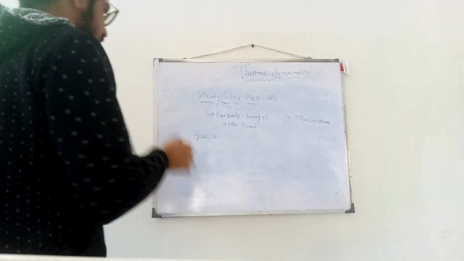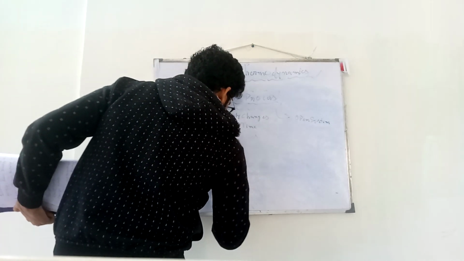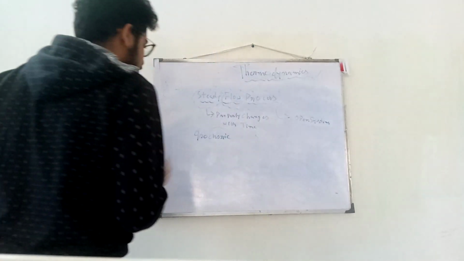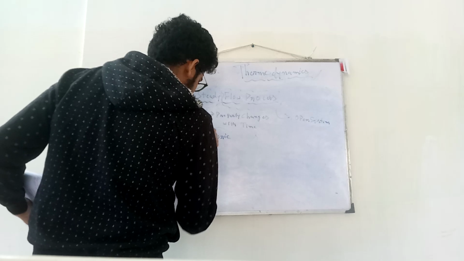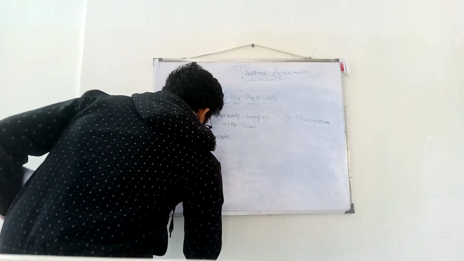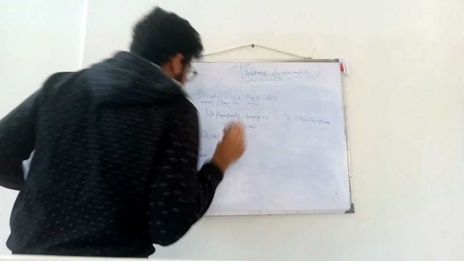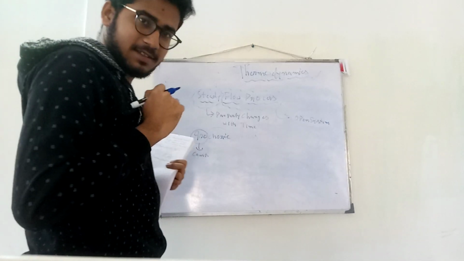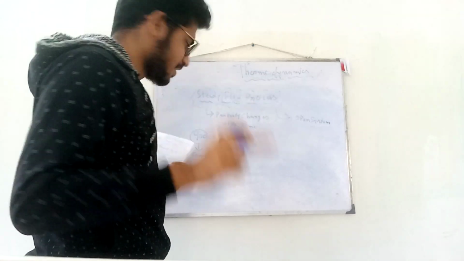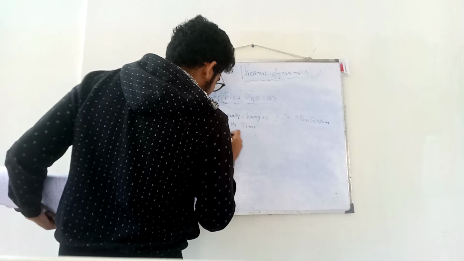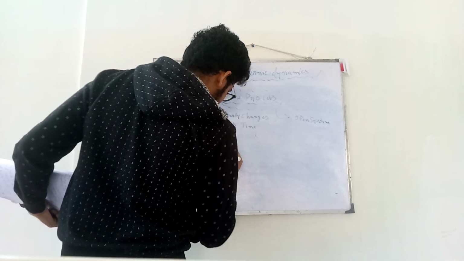Okay, so let's go to isochoric process. What is isochoric process? Iso means constant, and what is choric? I hope you are guessing. Choric means volume.